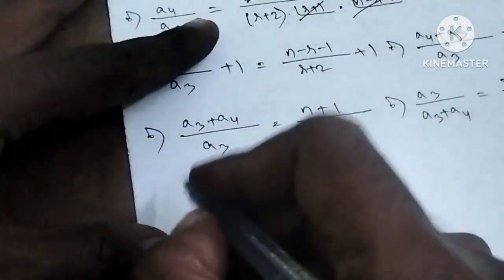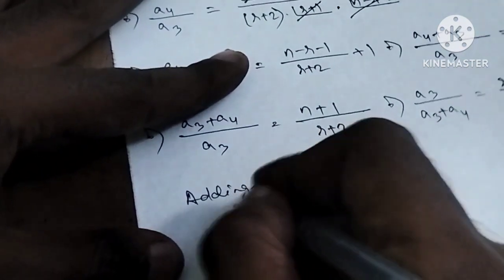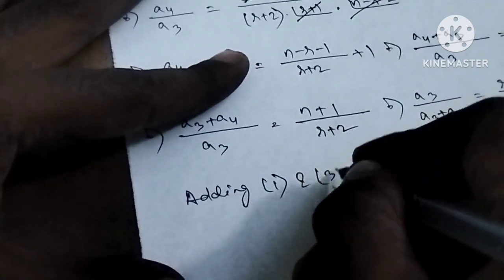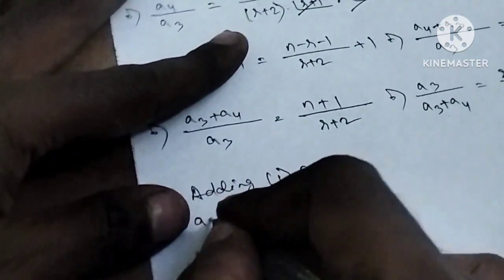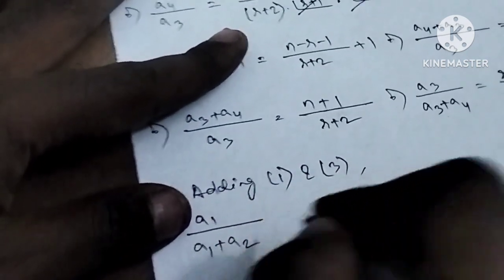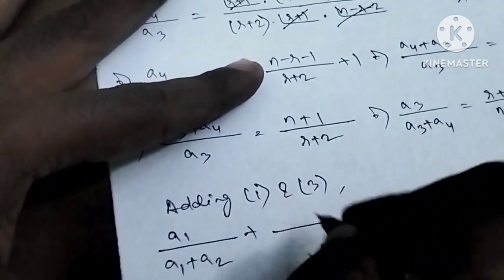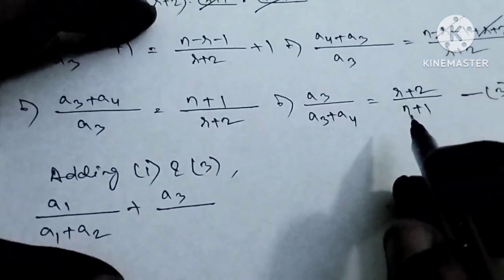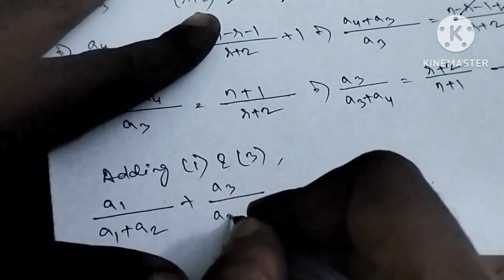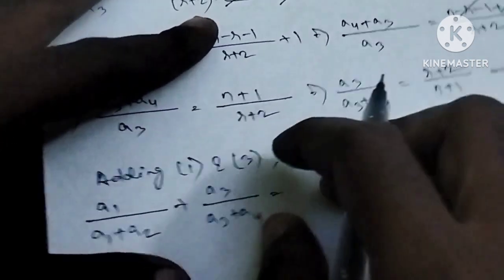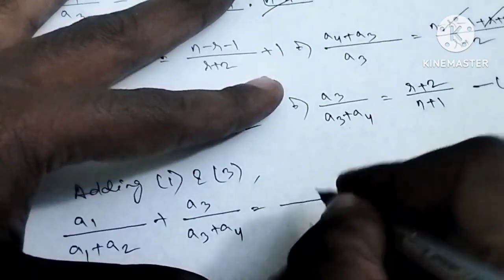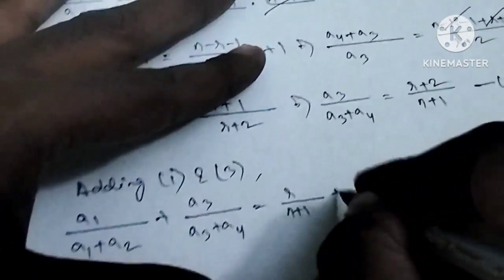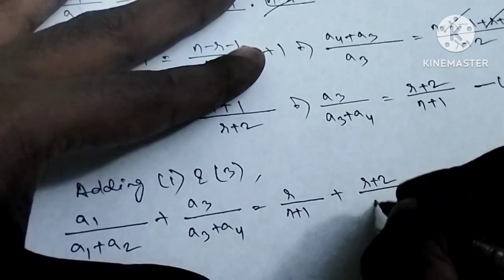Okay, so now I will be adding 1 and 3. What was 1? 1 was this one, a1 by (a1+a2). So a1 by (a1+a2) plus a3 by (a3+a4) is equal to, what was 1? r by (n+1) plus (r+2) by (n+1).